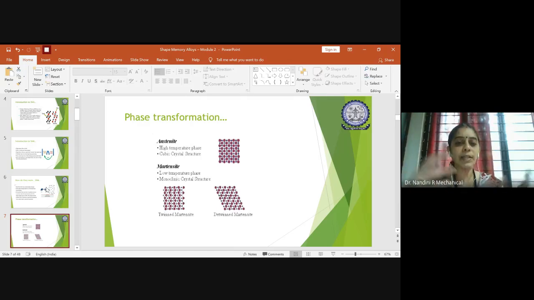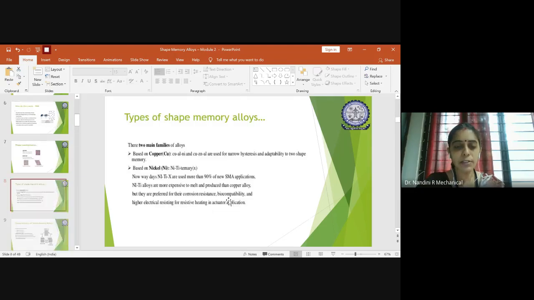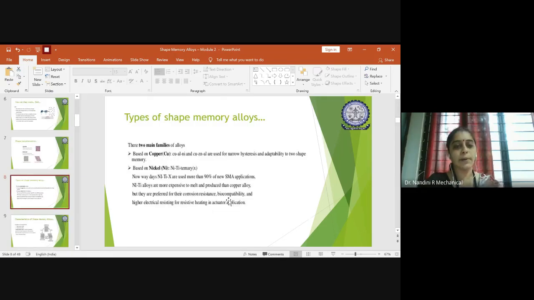When you apply the temperature, it gets the required change. When it is cooled down, it comes into the martensite phase. We also dealt with two terminologies you have to know: the twinned martensite and the detwinned martensite. So it is one step of heating and this is the second step of heating. Okay, so we dealt with this until here.